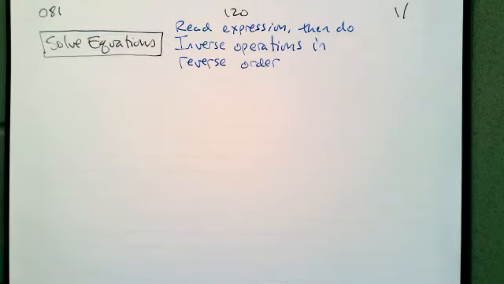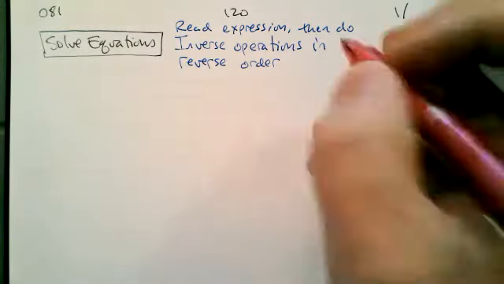So this is not, for those of you who have been through an algebra class, really something new. We're just talking about it a little bit differently. This is going to be a variation on the do the same thing to both sides of the equation.